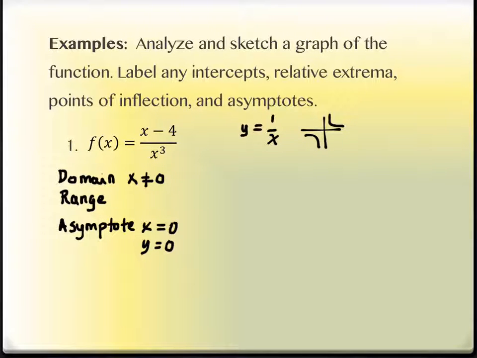All right, the third possibility is that the degrees are the same. Let's say, for instance, this said x cubed minus 4 over x cubed. Both of them have powers of 3. In that case, you take the coefficient in front of the highest degree term from each the top and the bottom. So if you had, oops, this, the degrees are the same, so the horizontal asymptote is y equals 3/4.